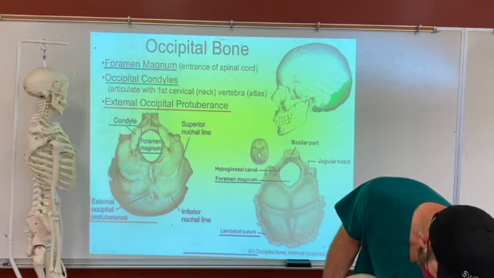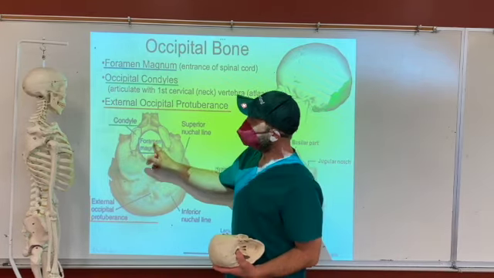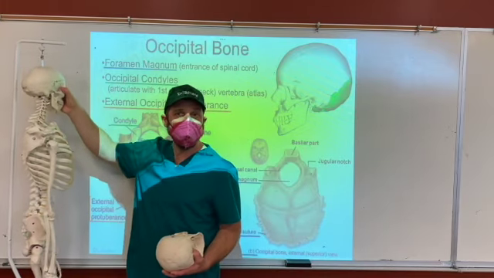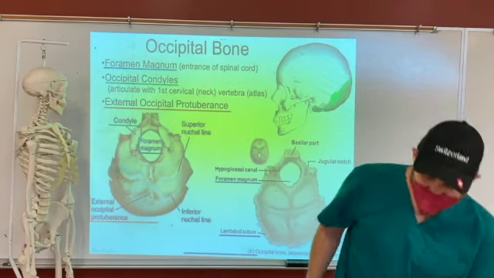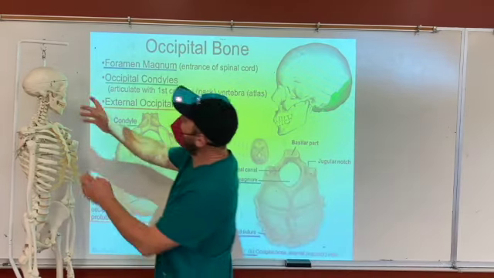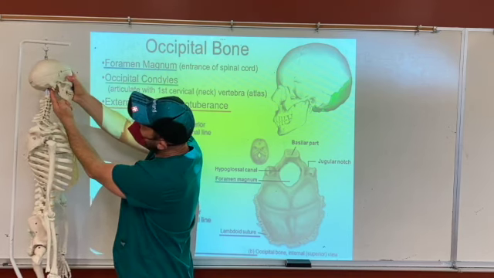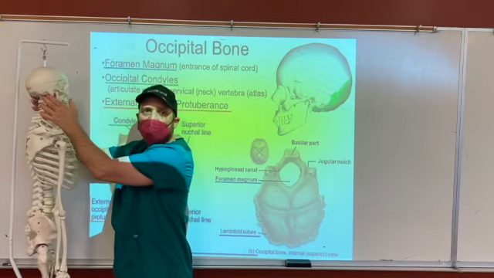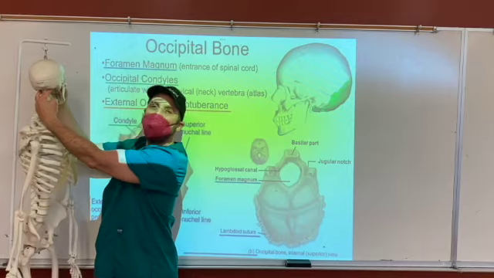All right, and then next to the hole, we have to consider this skull needs to be sitting on the rest of the body somehow. And it does that by having a joint from here, right next to the big hole, with the outside of the first vertebra, and it's sort of a wobbly head that sits on these two bumps here.